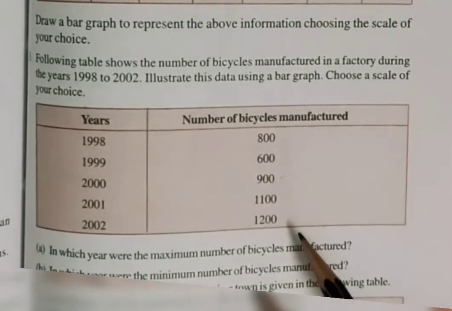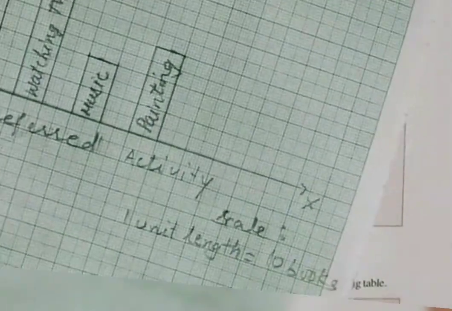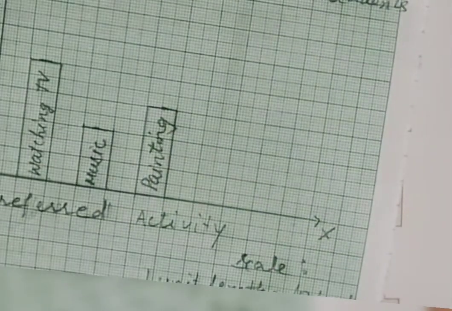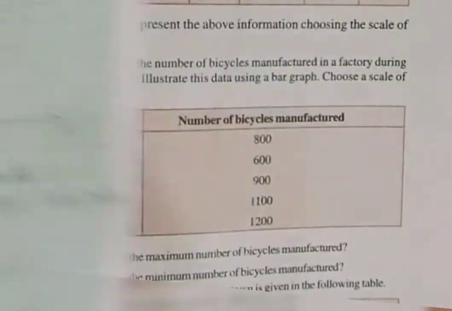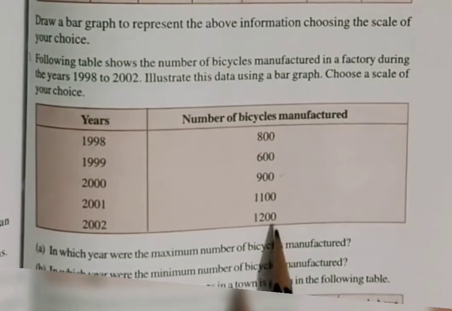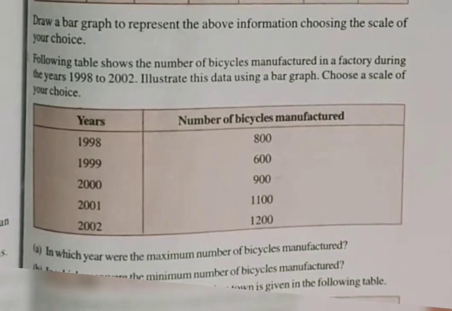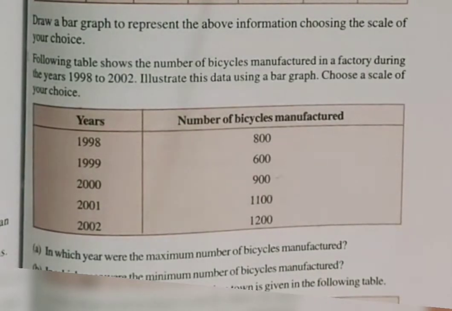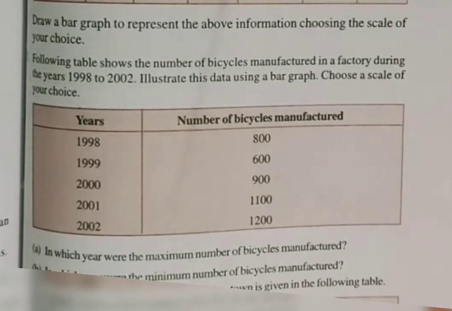The bar graph of even this size will be fine, but a little big, because you can see the data is of 12, meaning we need to put at least 12 markings. You can do that as well, but I am showing you using the scale of 1 unit length equal to 200 bicycles.